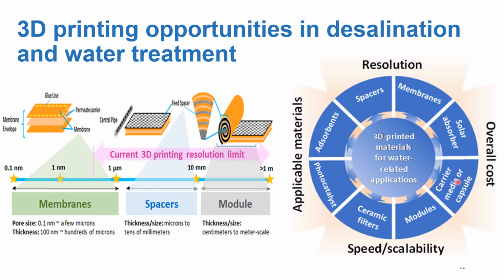So there are various designs and geometries where 3D printing has no problem with fabrication. Modules like this, ceramic filters, even photocatalysts, and even adsorbents. So these various parts can be a very good opportunity for 3D printing to be applied.